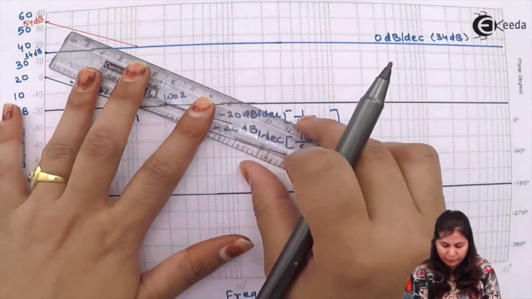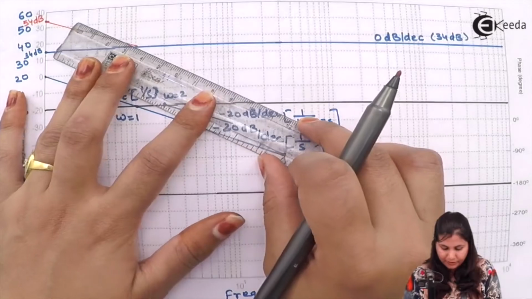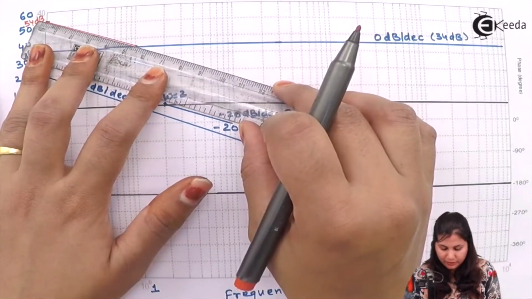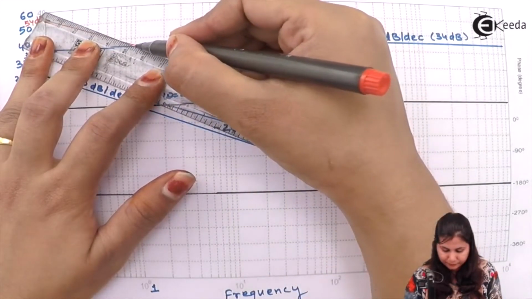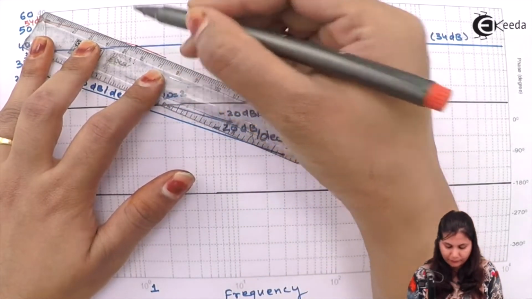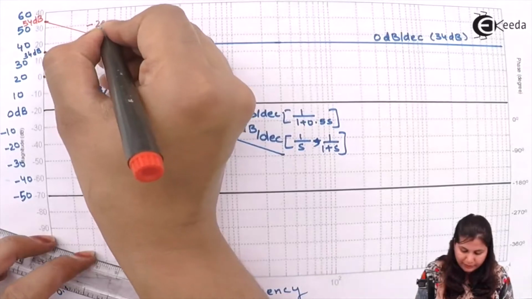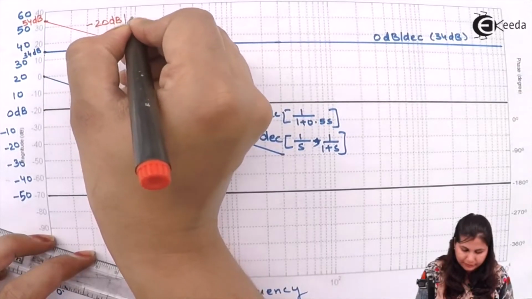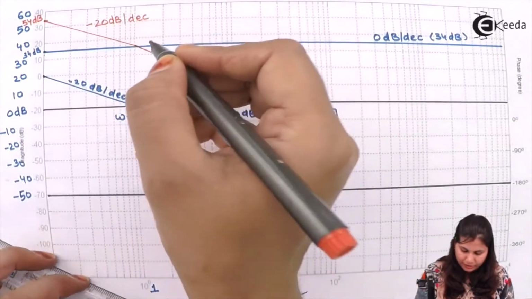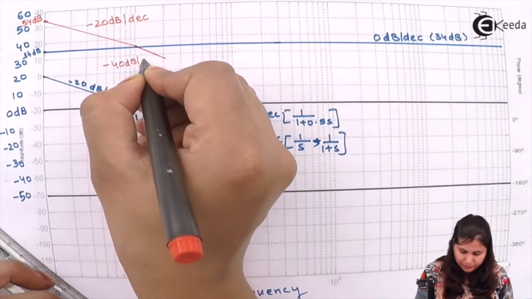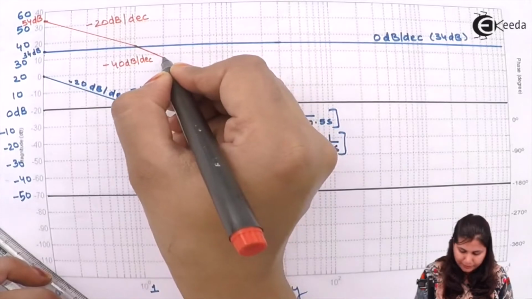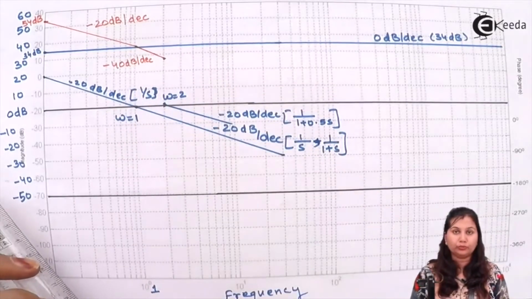So draw the slope here. This was minus 20, so minus 40 you have to draw. This slope was minus 20 dB per decade. This slope is minus 40 dB per decade up till omega equals to 2.